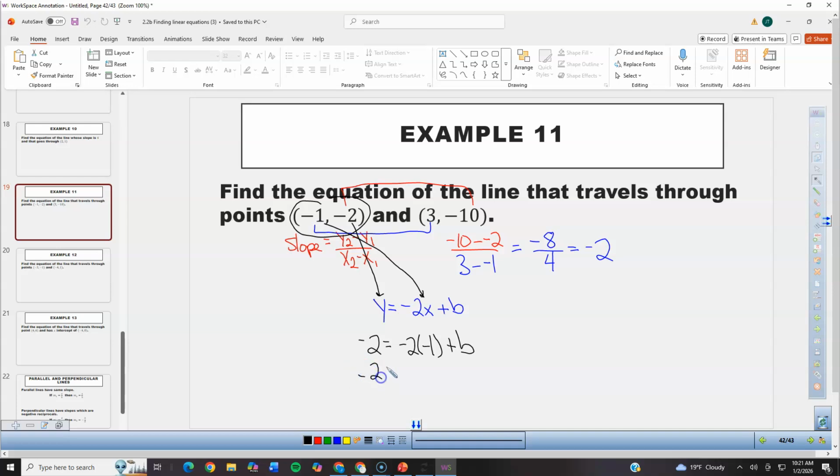So it becomes negative 2 equals 2 plus b. So negative 4 equals b. Okay? And now I have a y-intercept. I have a slope. So I'm going to do y equals my slope times x plus my b.